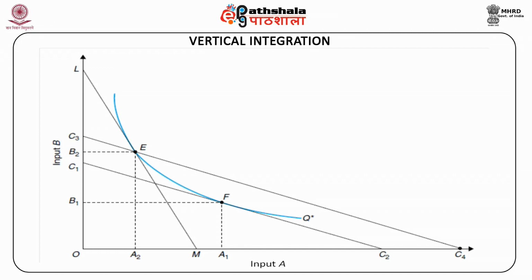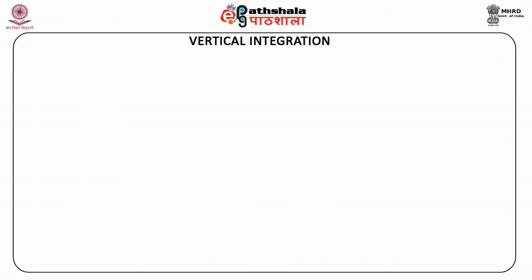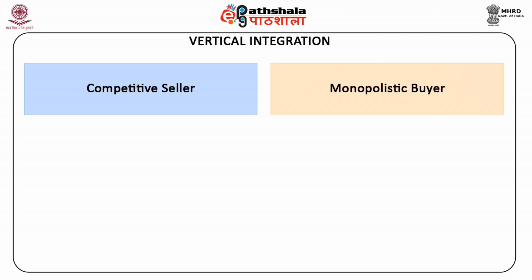Thus it becomes clear that there is very little incentive for the dominant firm to go for forward integration and acquire significant market share in stage 2 to prevent it from influencing the market price. Third is the market structure 3 with competitive seller and monopolistic buyers.